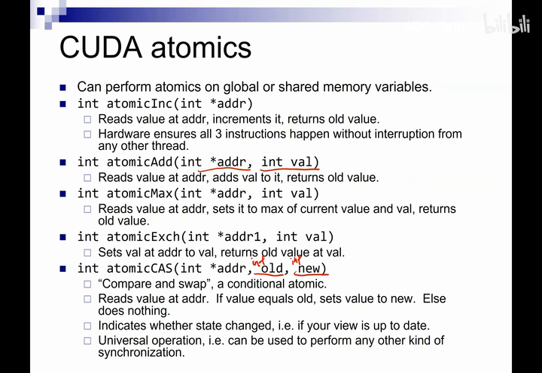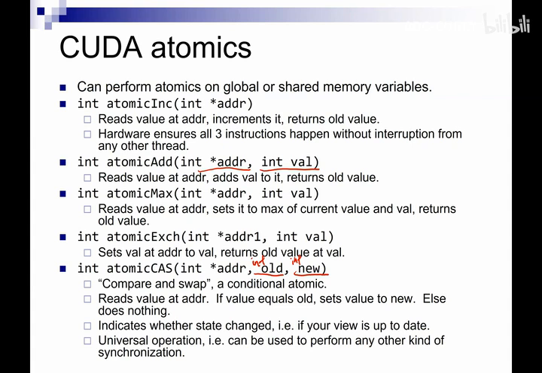And the way compare and swap lets you do that is, let's say the current state is just a number. If I know what the current state is supposed to be, then I know that. Suppose I know that the current state is supposed to be old. Assuming there are no other threads around, then the current state should be old.